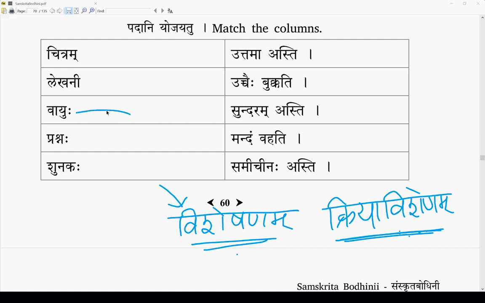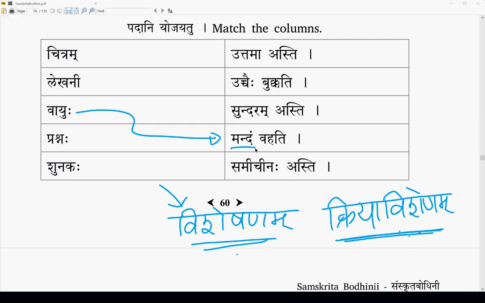Let's take this example: Vayuhu mandam vahati. Here you're describing that Vayu is moving slowly, that the movement of the wind is slow.